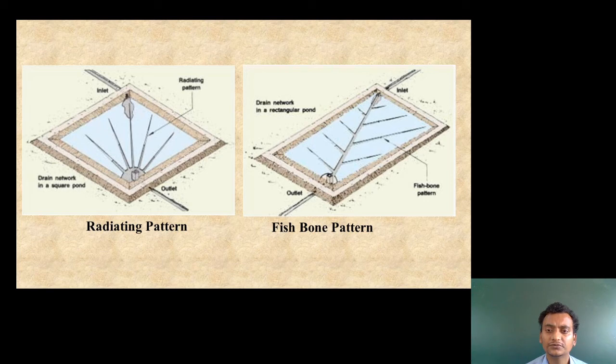The water of the pond is collected into the lateral ditches, and those lateral ditches open into the middle ditch, which is then connected with the outlet. Similarly, in the radiating pattern, the ditches radiate from near the outlet, collecting water and removing it through the outlet.